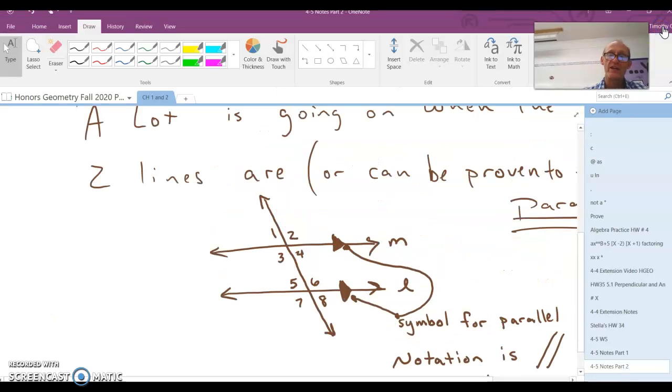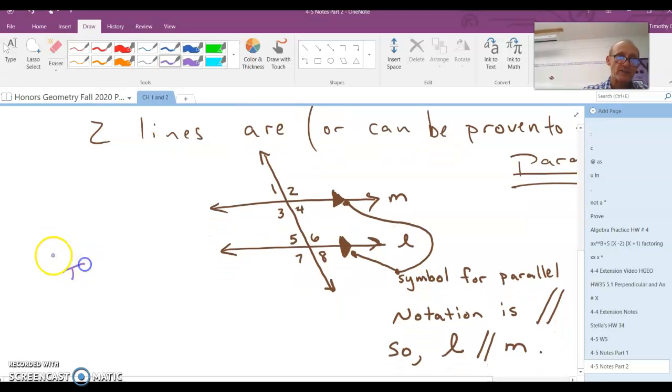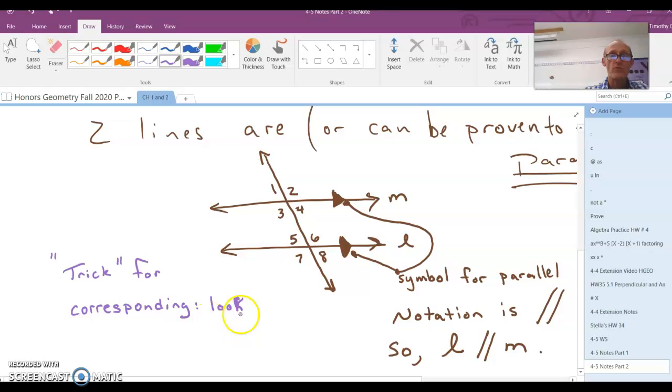Now, one little trick for corresponding angles is look for an F. All right?